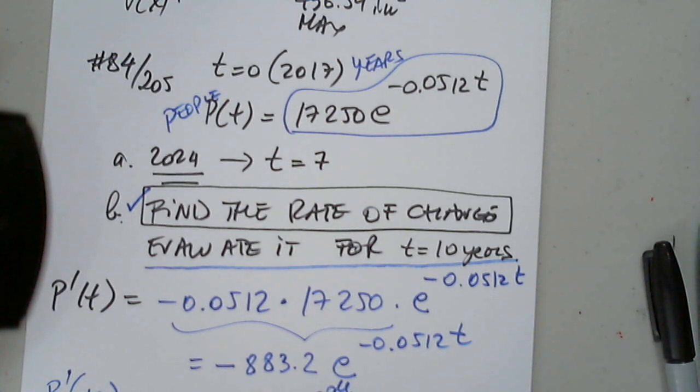So now I go back to the second and table, and I need 7, and then I need 10.